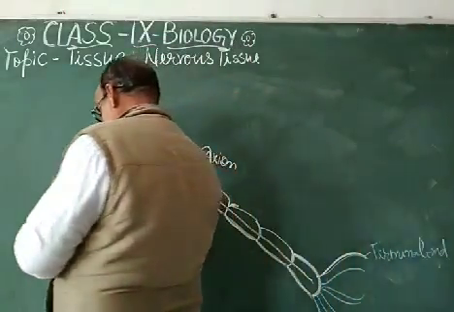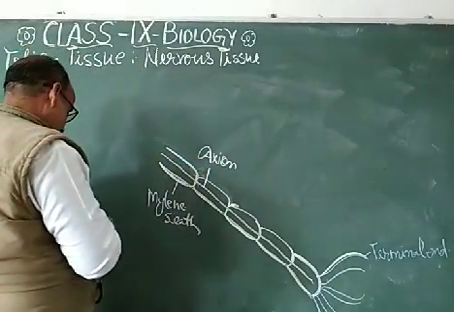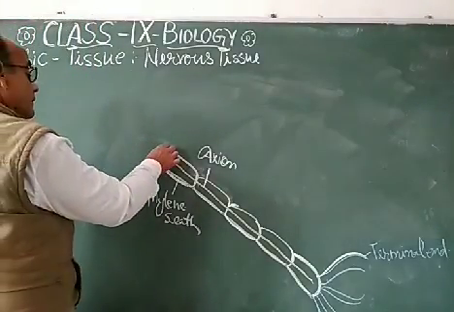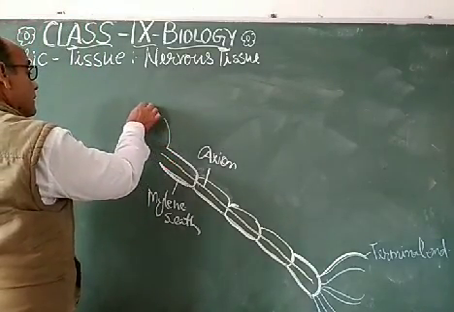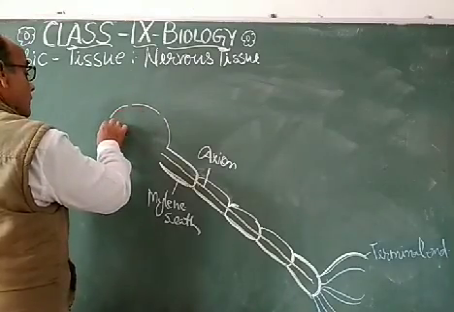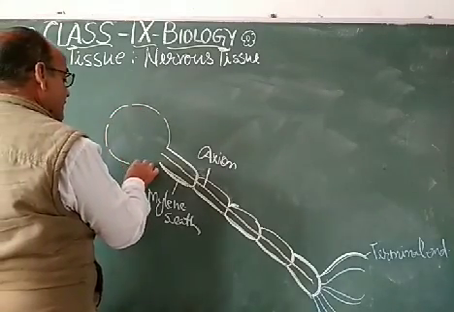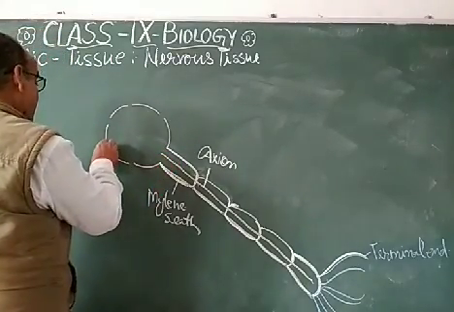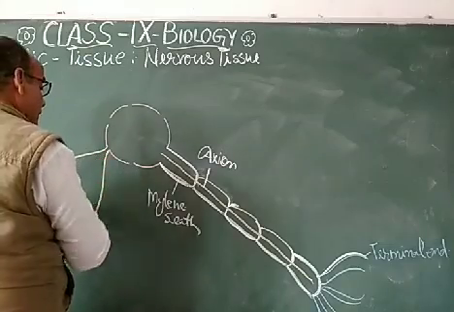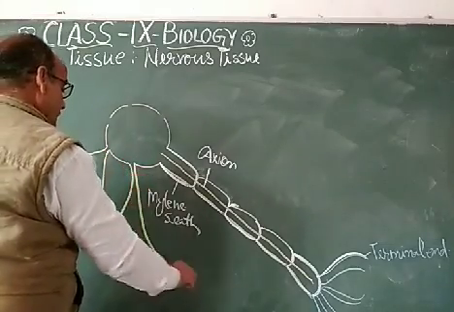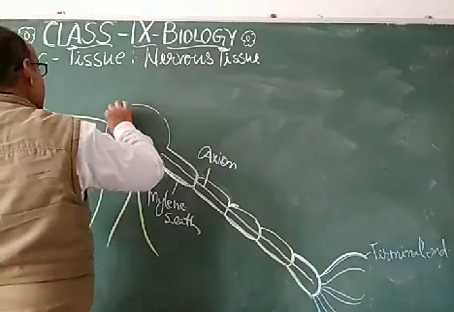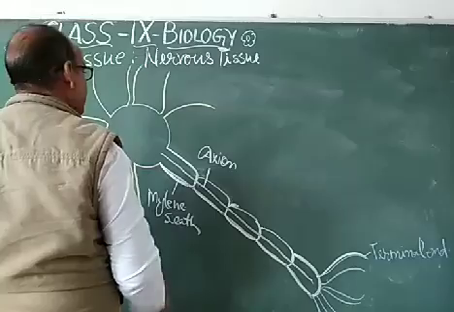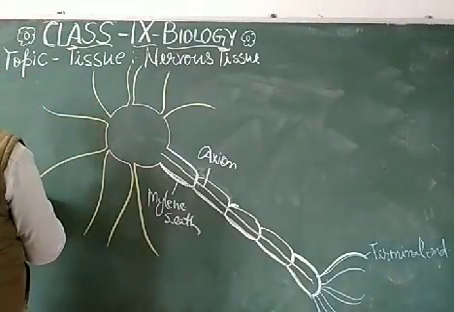Dear students, this axon gets connected with the cyton. Cyton is the main cell body, which has so many branch structures, and those branch structures are called dendrites.